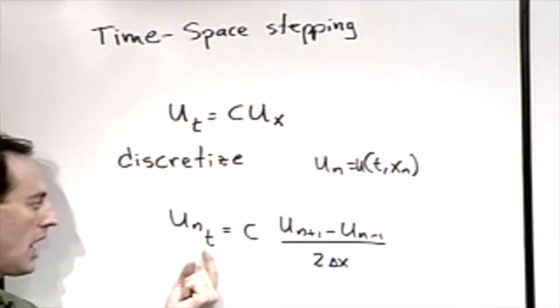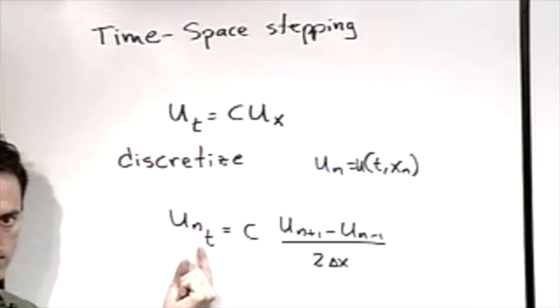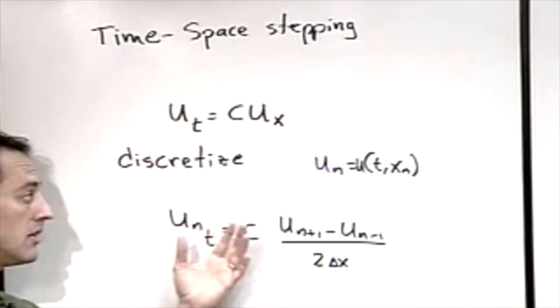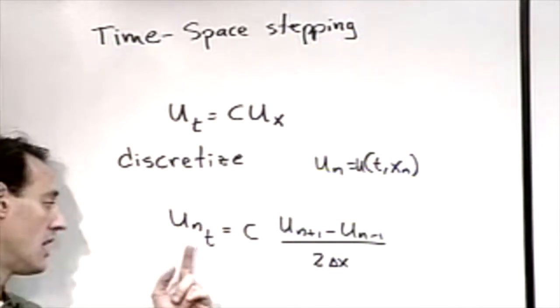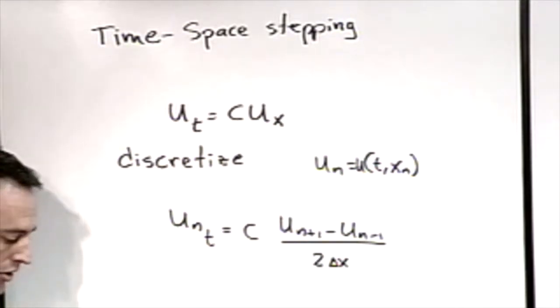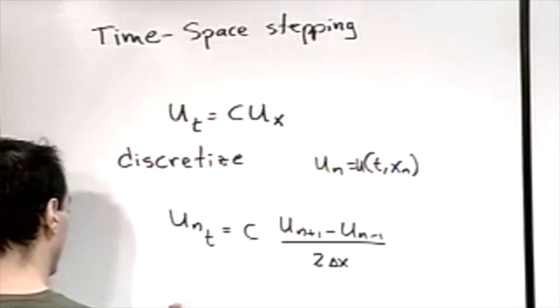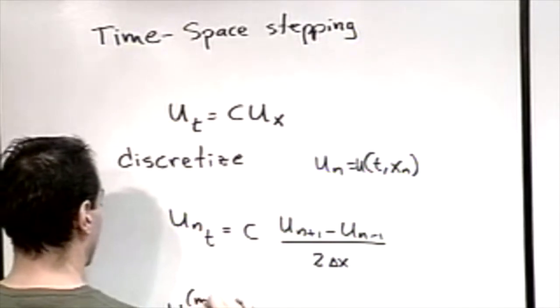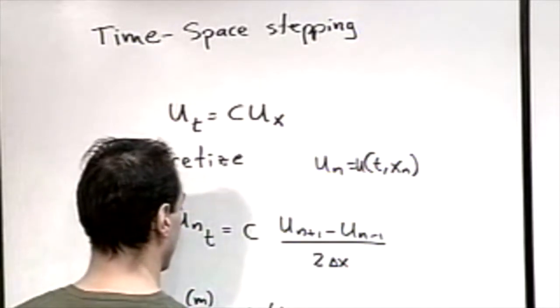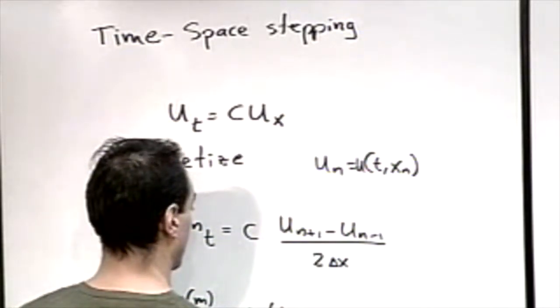In particular, this is just a time derivative. Well, there's no difference really in discretizing space or time. In other words, I could use a slope formula for calculating this derivative as well. Okay? So what I'm going to do is say, let's let u of n m be basically u at time t of m, x of n.